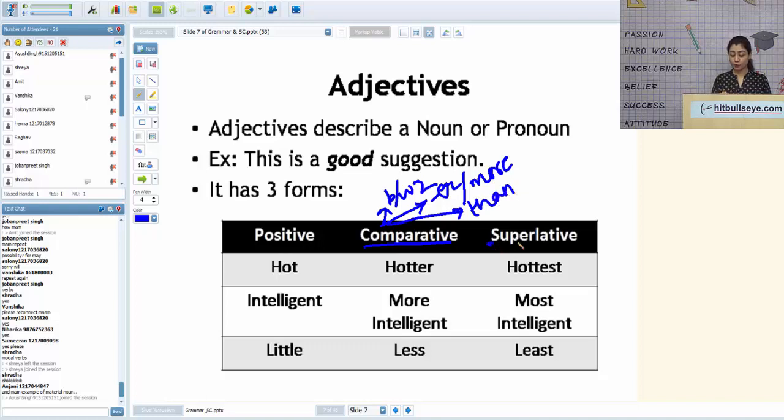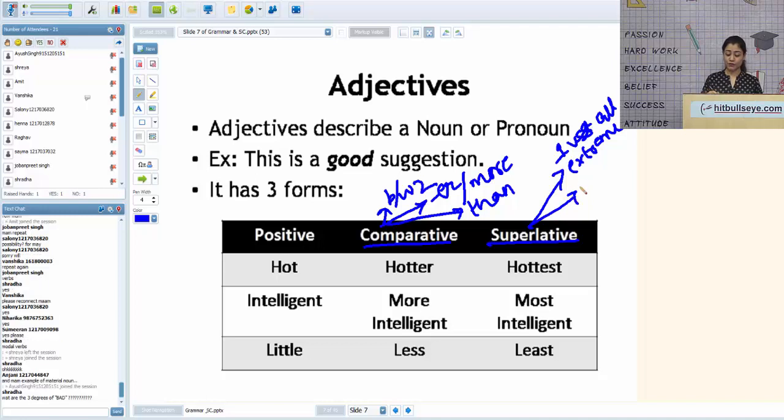How do you identify superlative? Superlative is either one versus all or extreme. In simple words, sarvashresht. And for identification of superlative, you either find est at the end or most and a than.